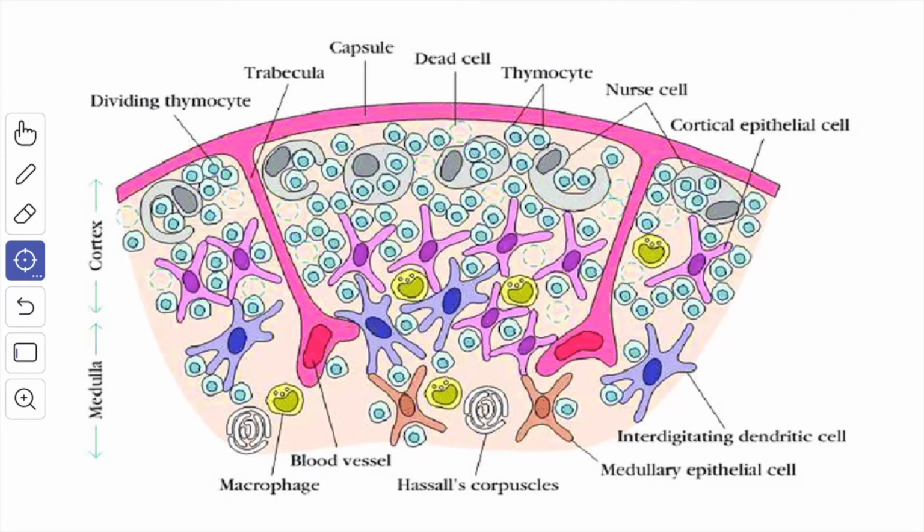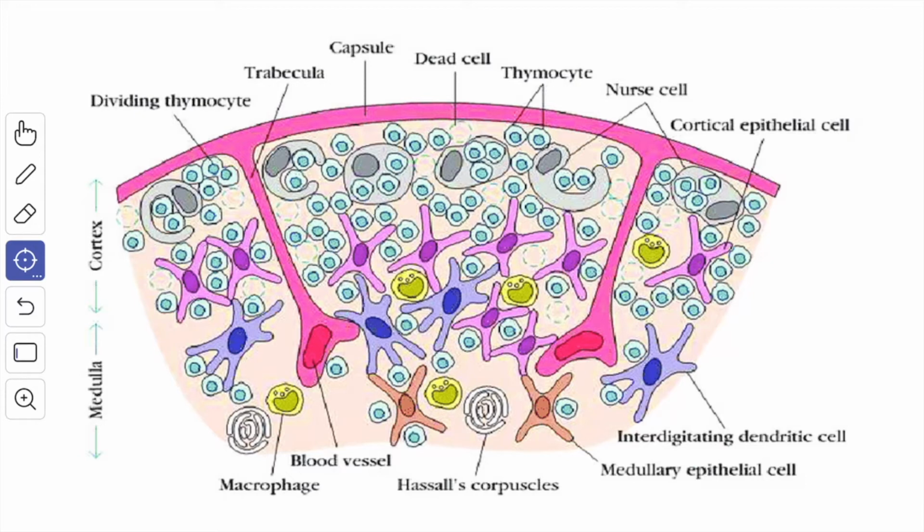Next we'll see about the epithelial cells or epitheliocytes. Embryologically, these cells are derived from the endodermal lining of the third pharyngeal pouch. The cells lose all contact with the pharyngeal wall.